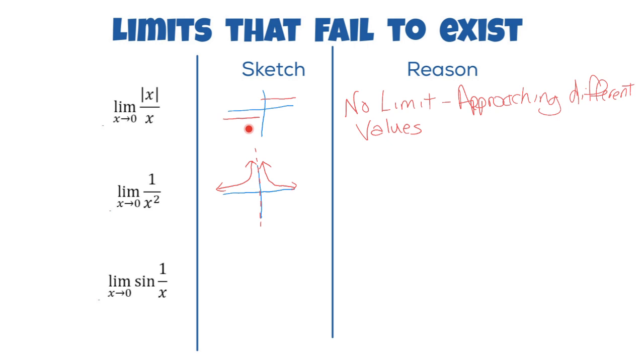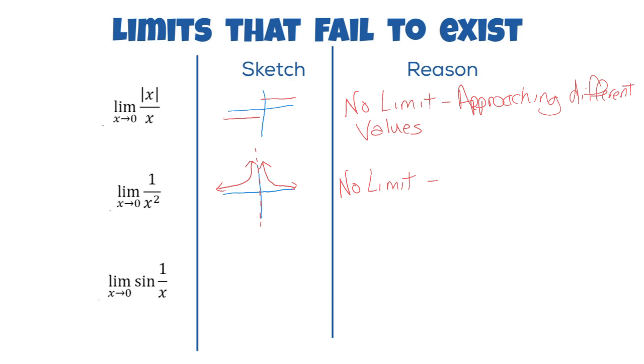The problem is these will never actually hit the axis. And so as I get closer to 0, what happens is my y value is approaching infinity. And infinity is not really a number, so I can't really say that it has a limit. So what I would write here is I would say this has no limit.